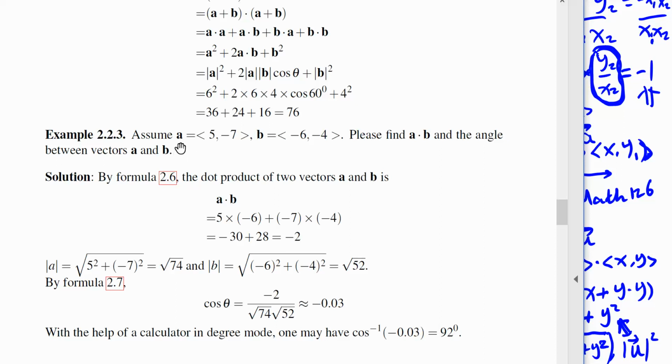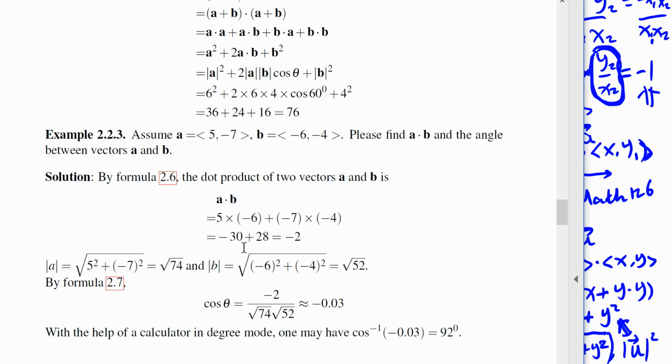Well, we know A dot B is 5 times -6 plus -7 times -4 for this one. If you add those two together, the first one is -30. The second one is 28, positive, since -7 times -4 is positive.